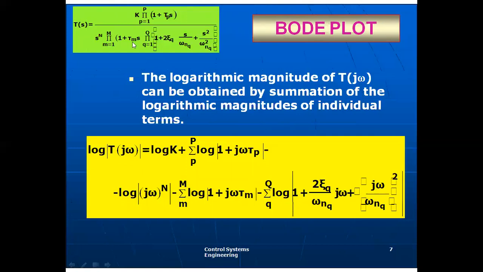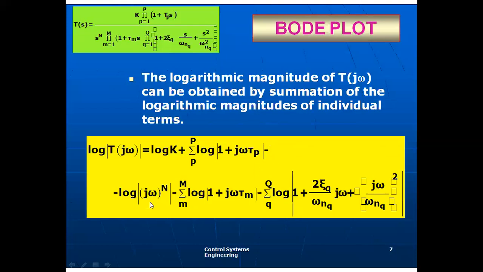So for the given transfer function, T of s is equal to numerator zeros divided by denominator poles terms. So we take log of the given T of s on both sides. We get log of T of j omega, which is equal to log of K plus the summation of log of 1 plus j omega Tp. Then the denominator terms are written with a minus sign.